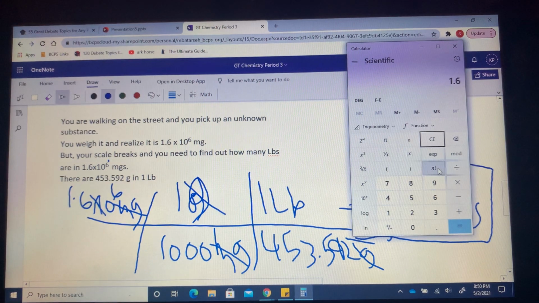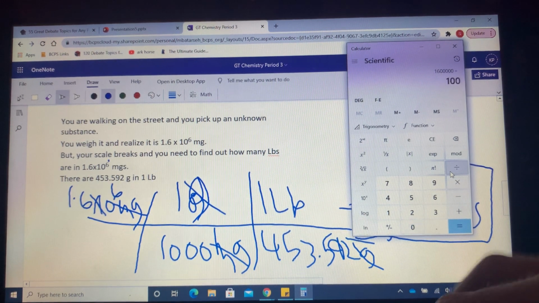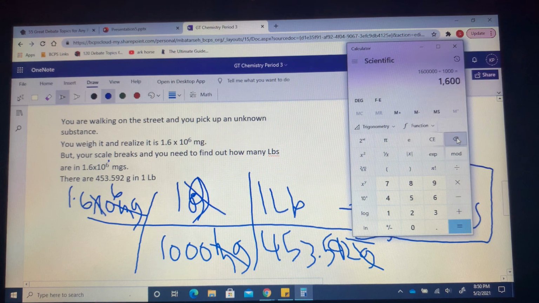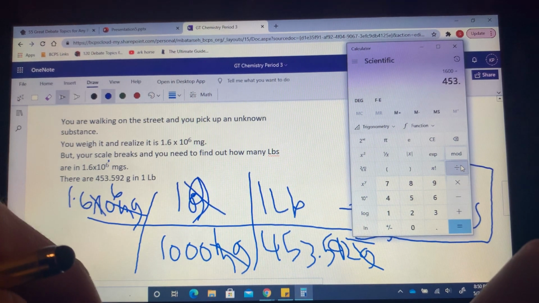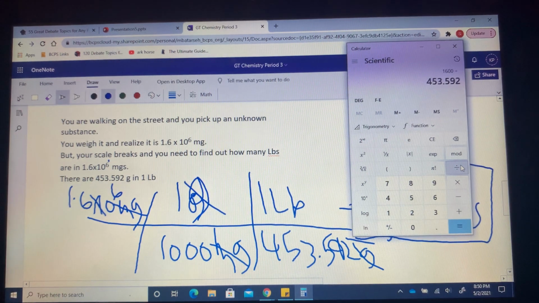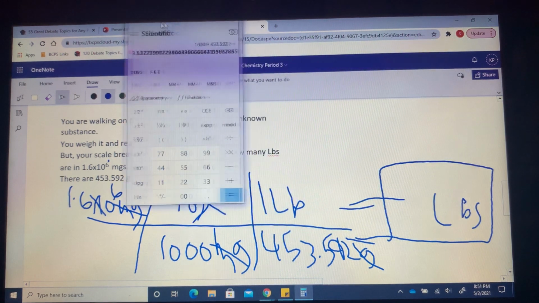1.6 exp 6 divide by 1,000, and then divide by 453.592, and we get that 1.6 times 10 to the 6 milligrams is about 3.53 pounds.